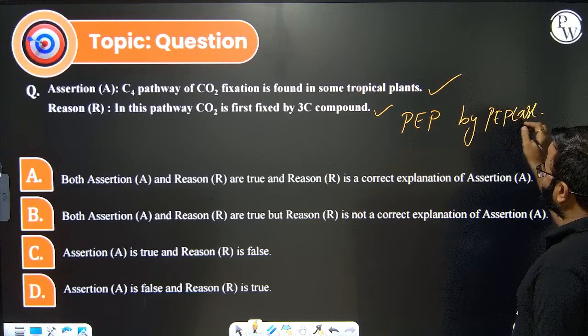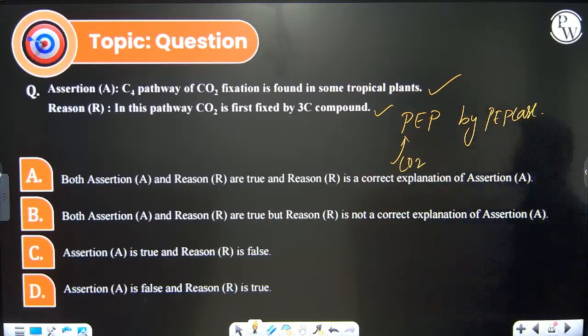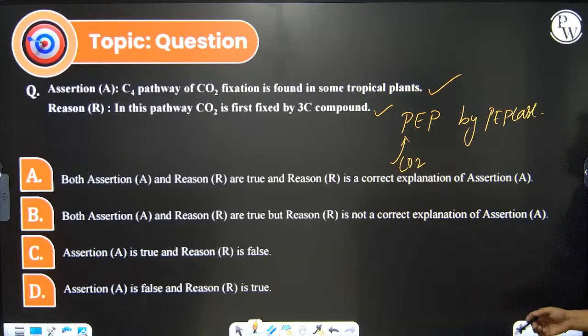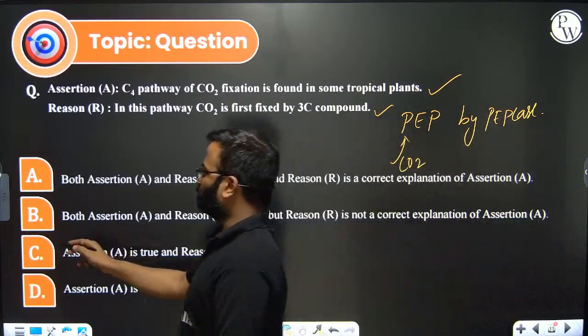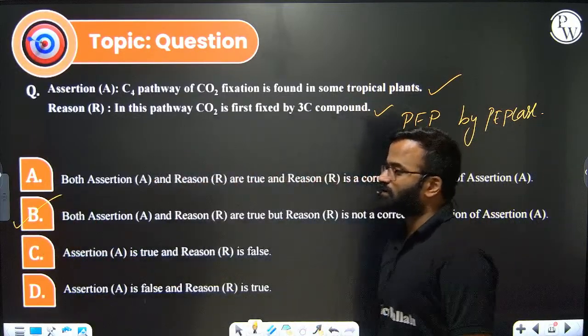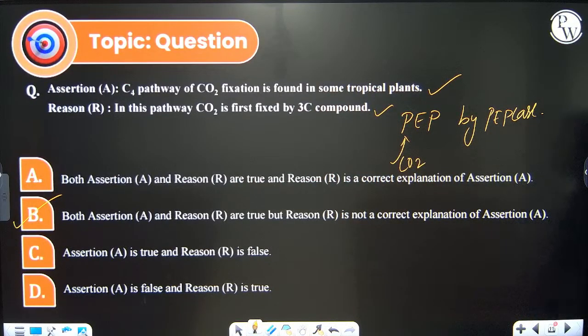So PEPcase adds CO2 onto PEP. Clear? But it is not explaining why so. Both the statements are true, so I would go with B as the answer. Clear?